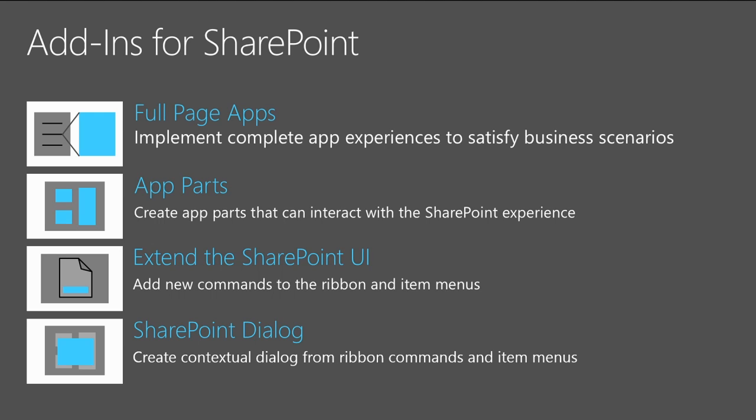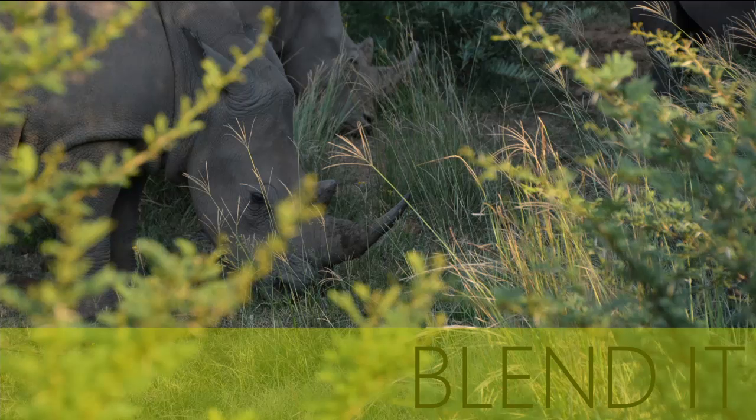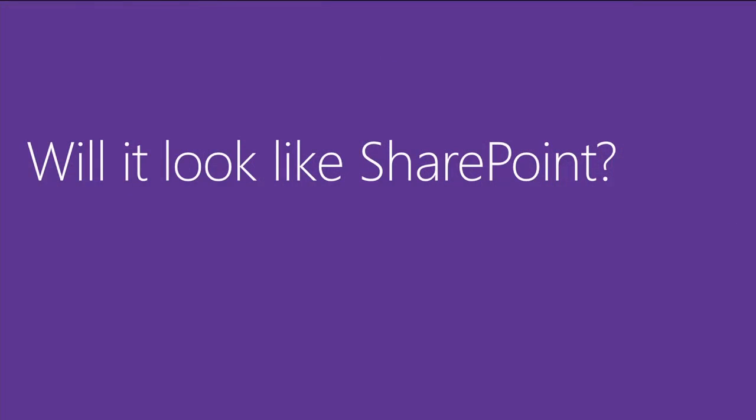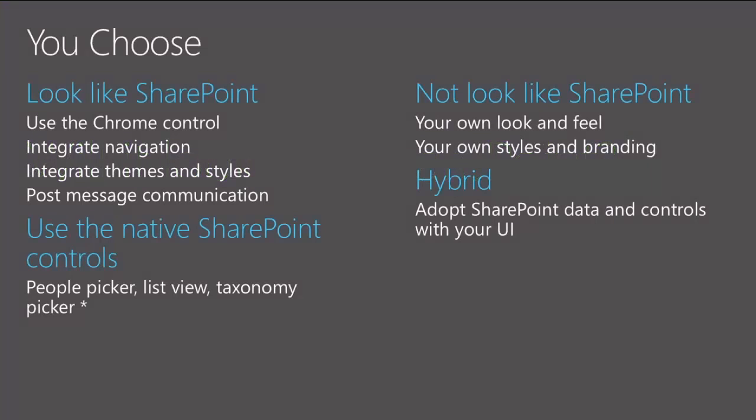And so what we're going to find is that I'm going to have the ability to have that really nicely blend in when I go and I build my app out here. So we're going to be able to blend that in through a number of different ways. So first of all, we're going to have what we call a Chrome control.